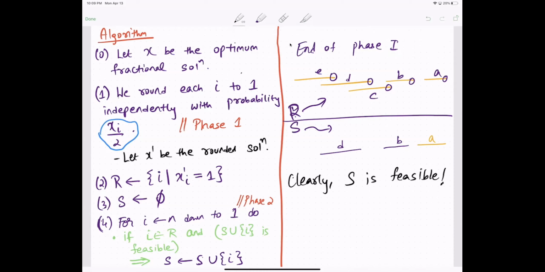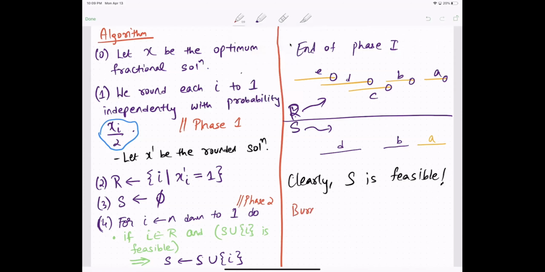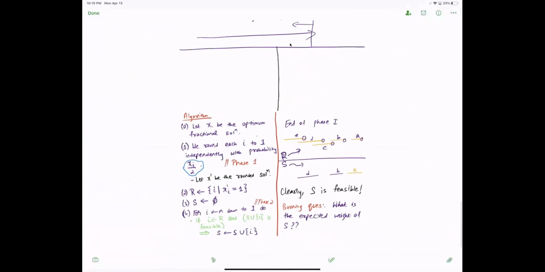The real question now, the burning question, is: what is the expected weight of S? Did we lose a lot in the process of doing this phase 2? Well, I already gave you the answer that we are getting a 4 approximation. So we won't lose too much. And that's the goal now. The goal is to do the analysis and show that this set S actually has a lot of weight in it.